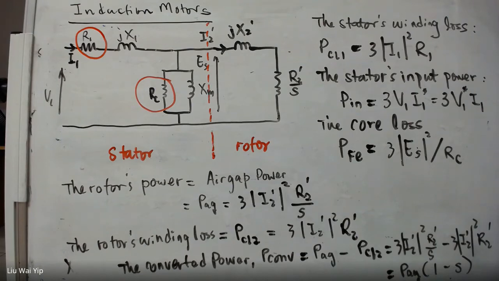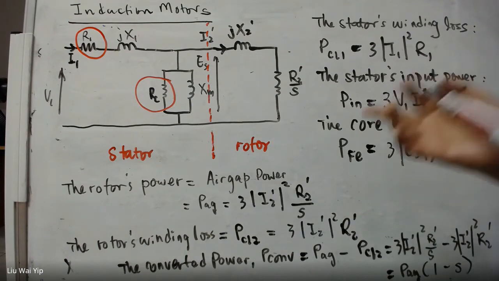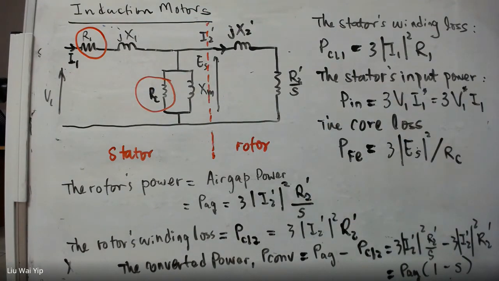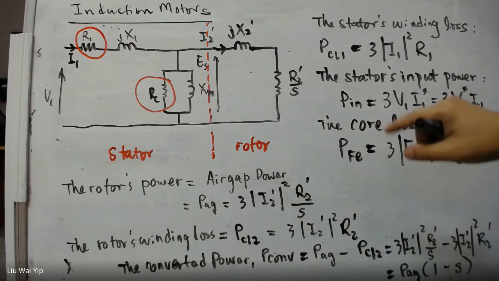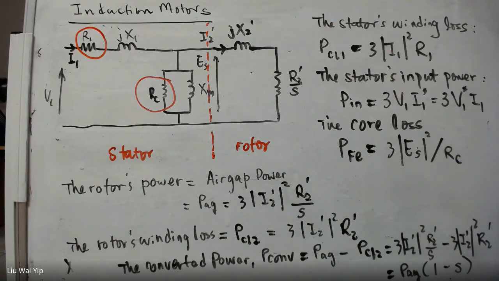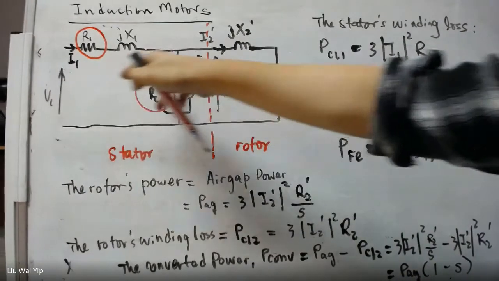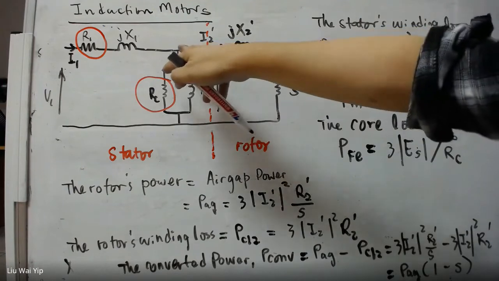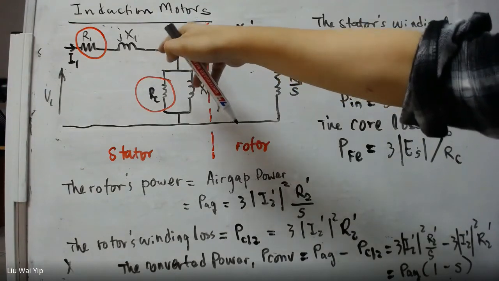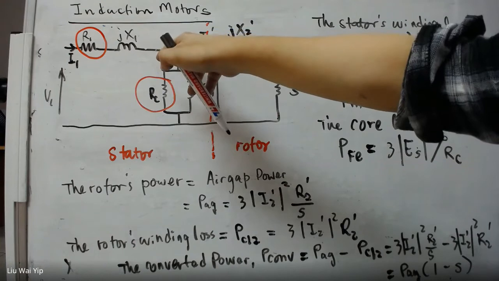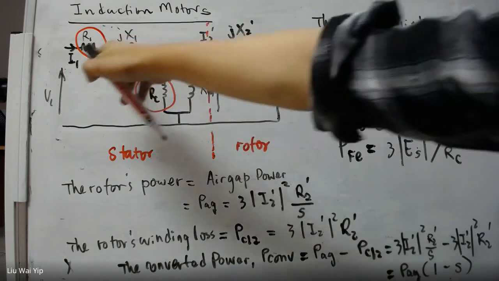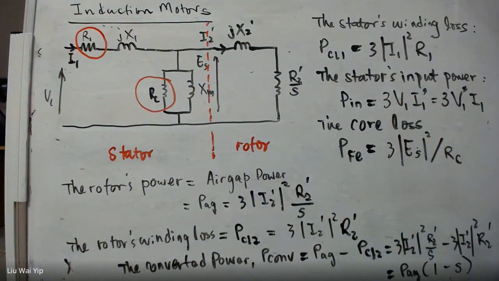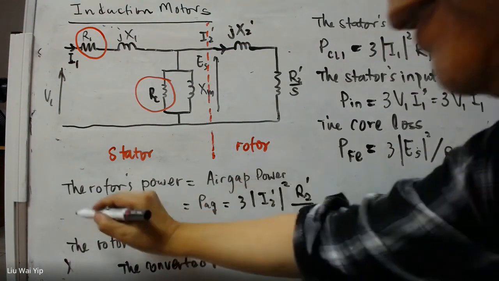And now we can also evaluate the power based on the relations in the input output here. First of all, the power that goes into the motor is P in. And at this point, the power should be the input power minus the power for the winding loss and minus the power for the core loss. So we can say this, right?